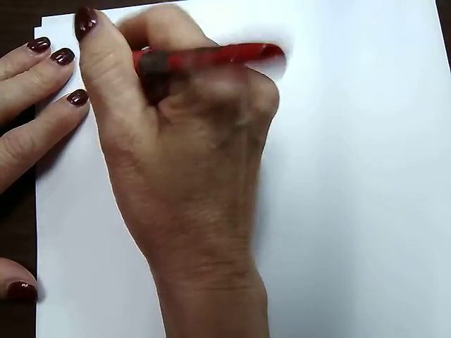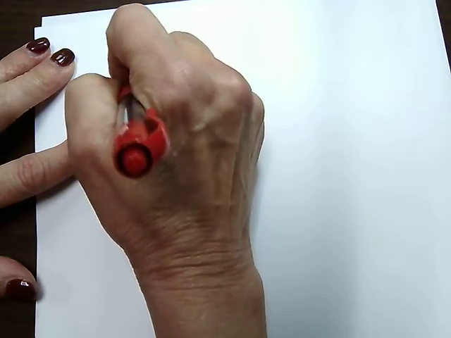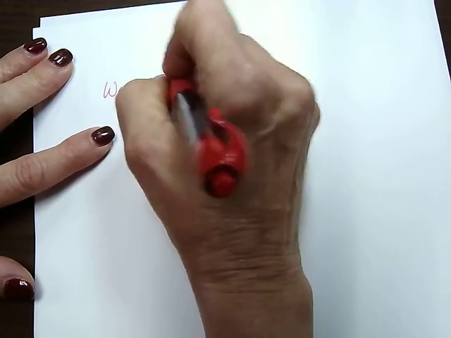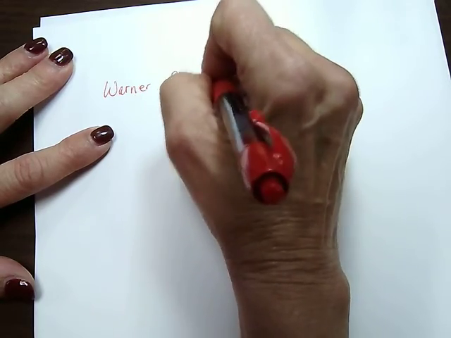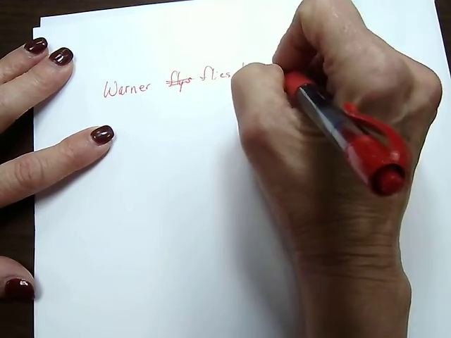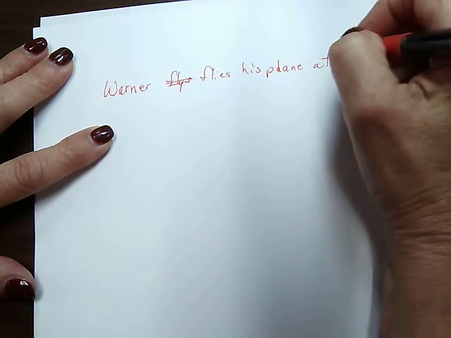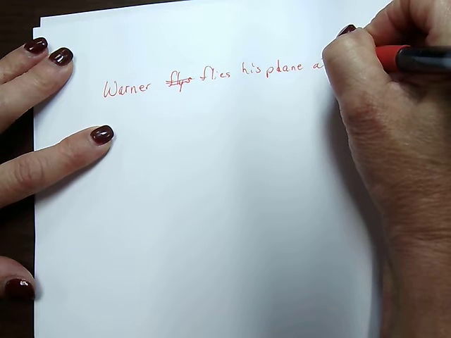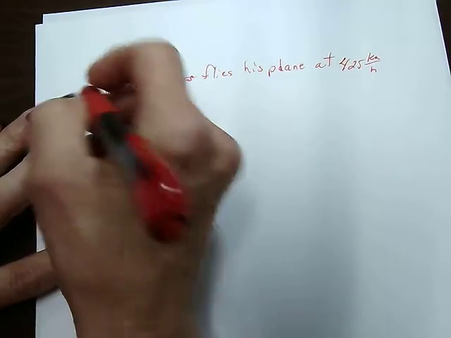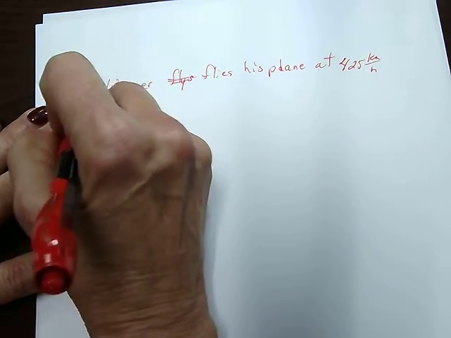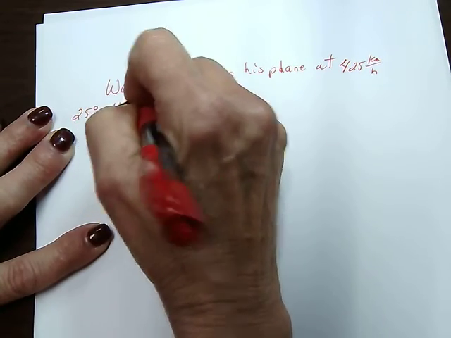So we're going to say that Warner flies his plane, that's misspelled, at 425 kilometers per hour, 25 degrees north of west.